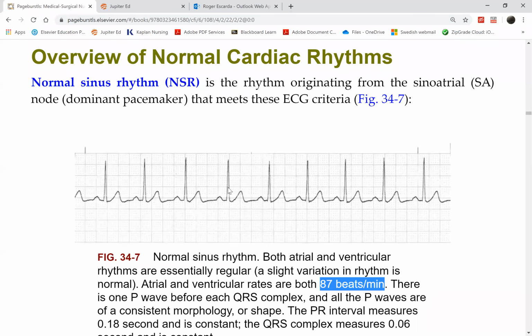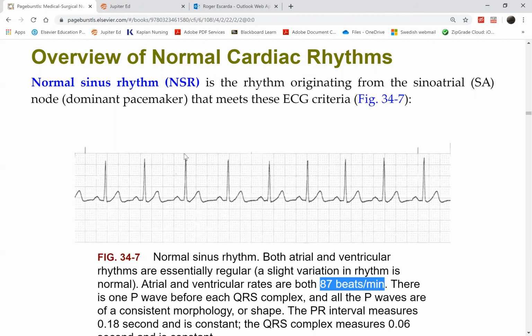In order to use the small block or the big block method, you need to count the number of small blocks or big blocks between two R waves. To make it easier, let's look for an R wave that falls smack or close to a solid line. Which one do you want to use?